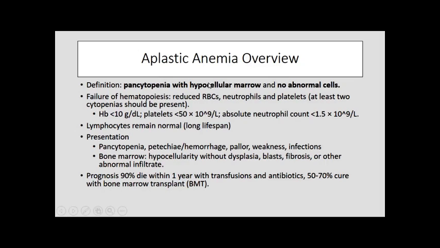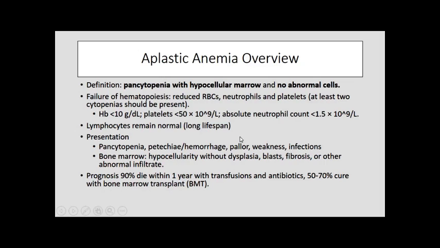There can be reduced red blood cells, white blood cells, and platelets. At least two cytopenias have to be present in order to make a diagnosis of aplastic anemia. For example, hemoglobin less than 10, platelets less than 50, and absolute neutrophil count less than 1.5. Lymphocytes can remain normal.